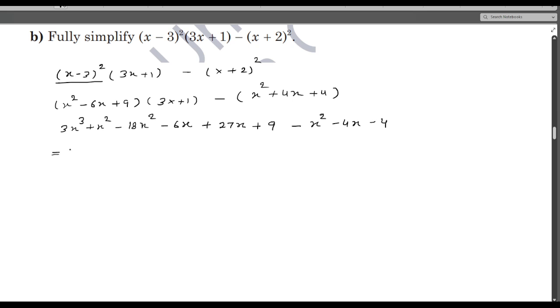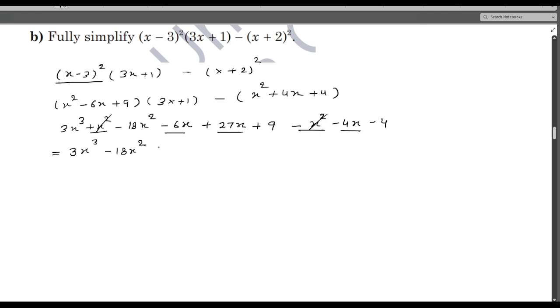So here I have only one x cube term, so I will write 3x cube. For x square, I have this term x square plus and this term x square minus, so they cancel. So I will write minus 18x square, which is remaining. Then in case of x, here it is minus 6x minus 4x, that is minus 10x, plus this 27x.